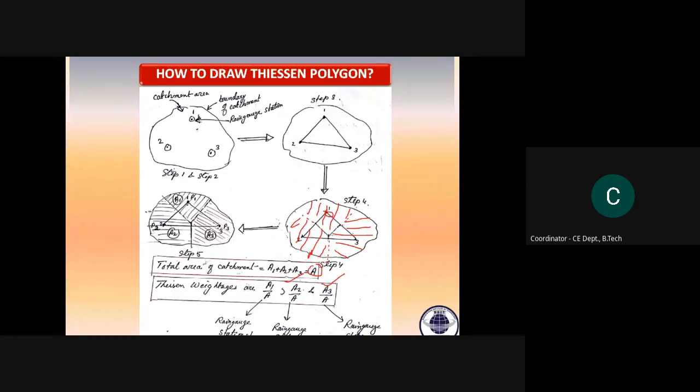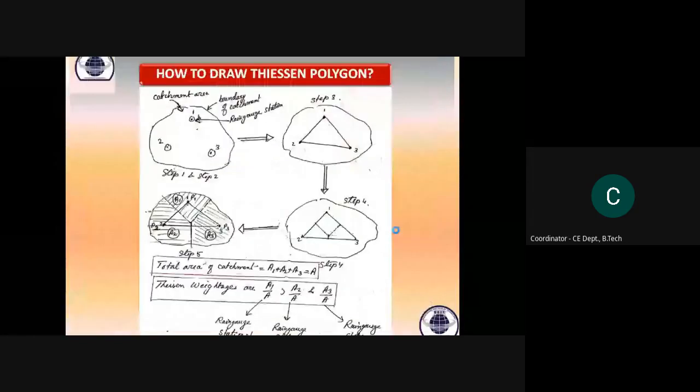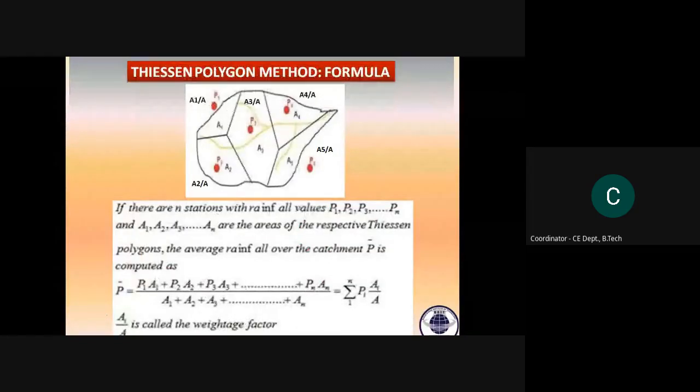This is the method to draw the Thiessen polygon. Now, where are we using this Thiessen weightage? Why do we have to estimate it? You will see the formula, then you will get to know. This is the formula.